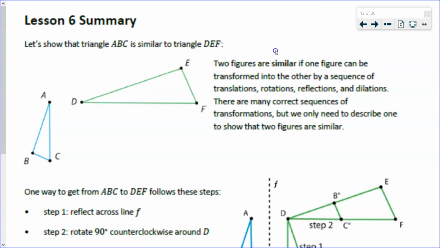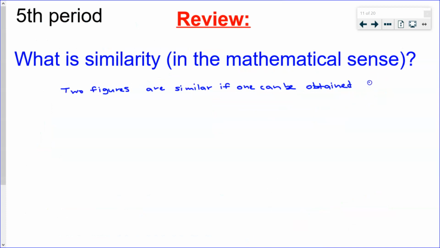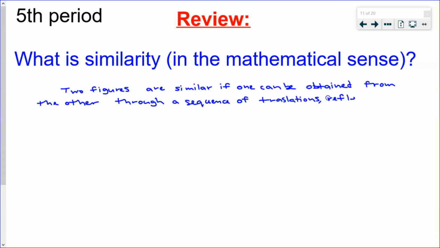Right here on Lesson 7, which has been passed out to you. 2 figures are similar if one can be obtained from the other through a sequence of, we'll go with sequence of, translations, reflections, rotations, and dilations.